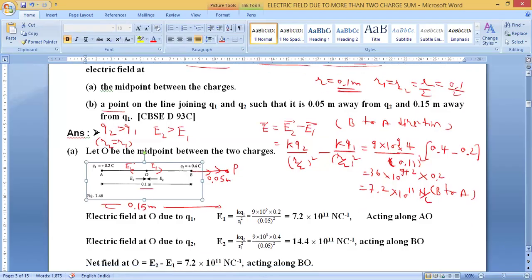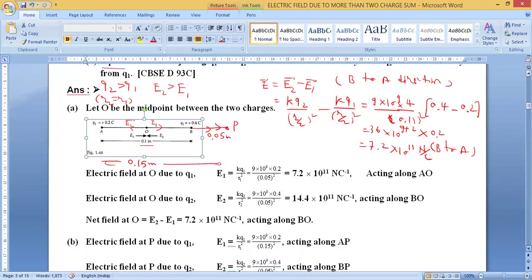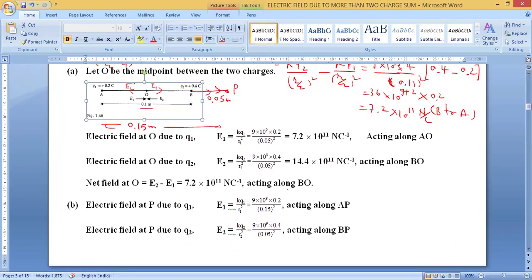So resultant electric field we write in this point. So E is equal to K Q1 by distance given 0.15 meters square plus K Q2 by distance is 0.05 meters square, along the A to B की direction में आएगा.